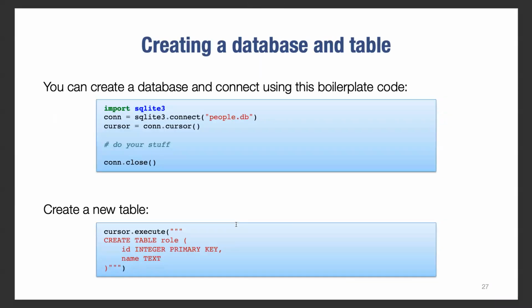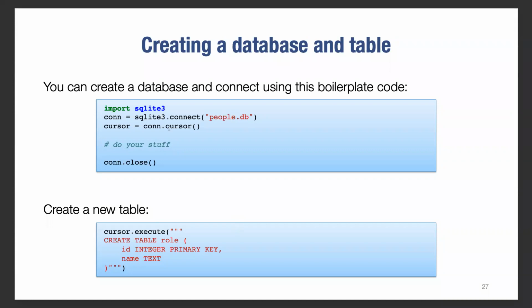To create a database in SQLite, first you import the SQLite library. I already have SQLite installed on my machine, so it's going to run, but if you don't have it installed, you use pip to install it in the typical way. Then the first thing you do is establish a connection: create a connection object with sqlite3.connect, and create a database while you're at it.